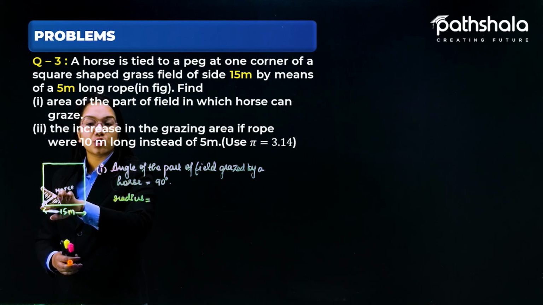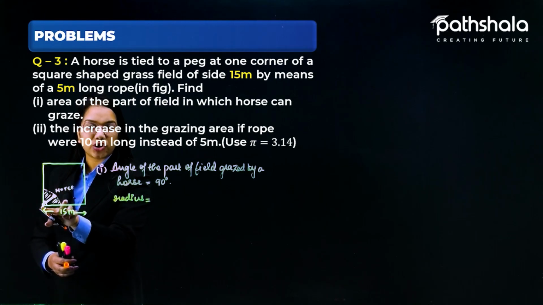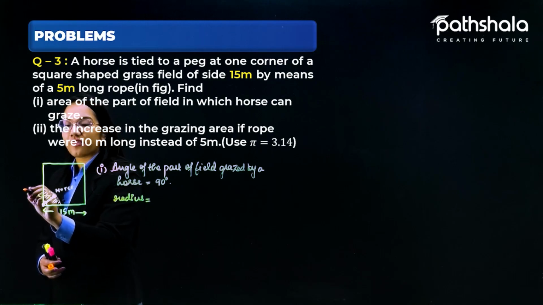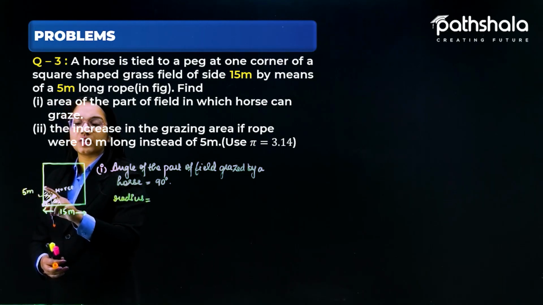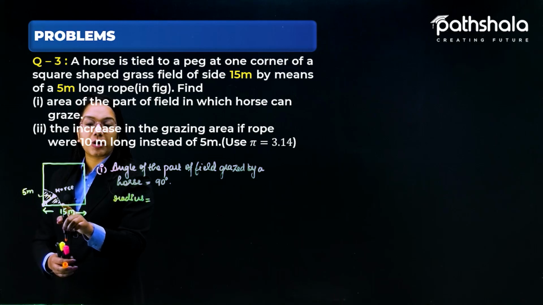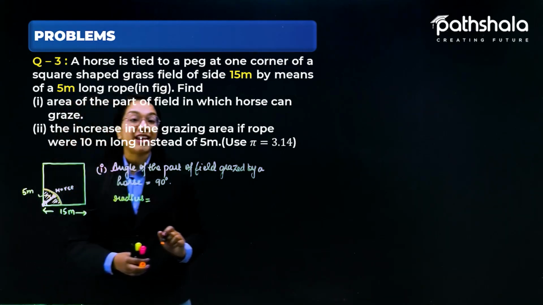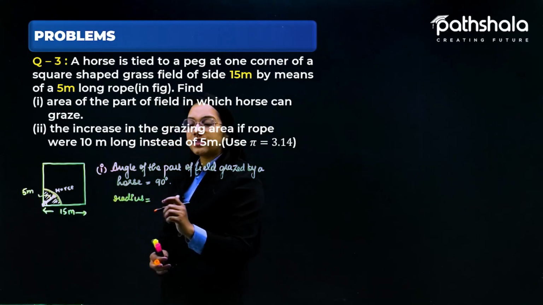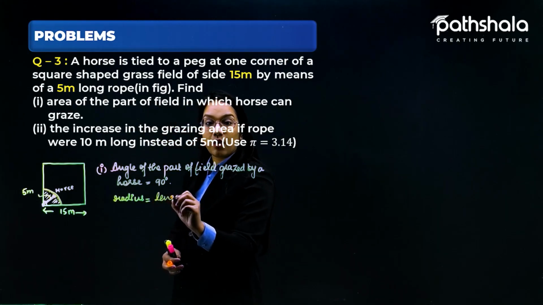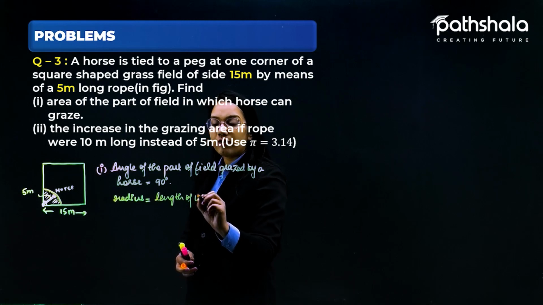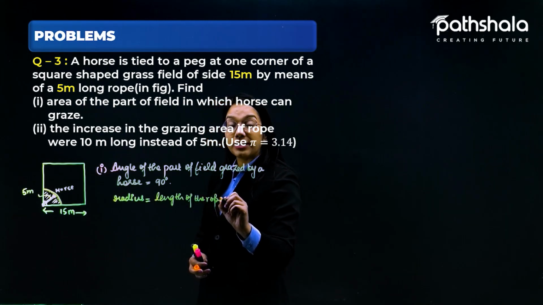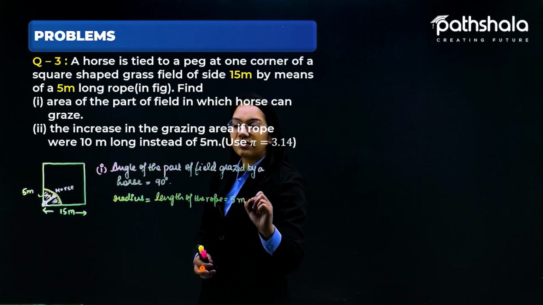It means the radius of this section, this quadrant, is 5 meters only. So the radius is equal to the length of the rope, and the length of the rope is 5 meters.